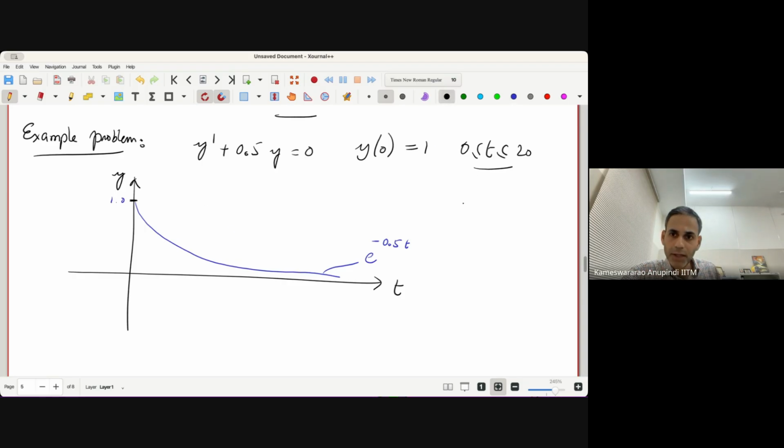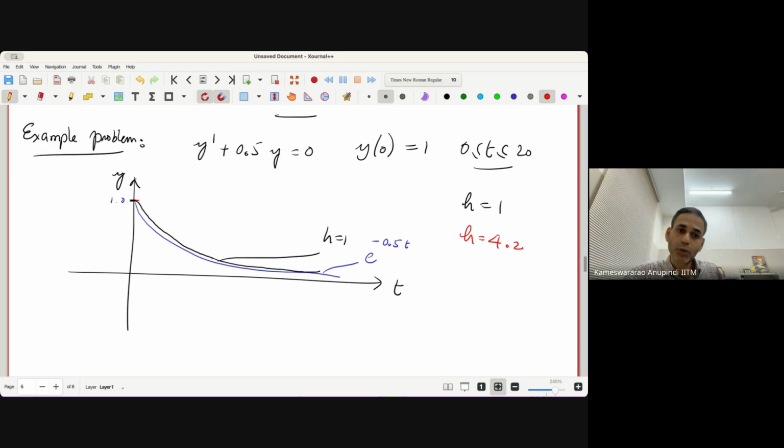Then let us say I take a time step of 1. That's going to go very close to the exact solution. So the time step of 1 might go something like this. I'm just drawing it here. So this is h equals 1. Let us now say, similar to the previous case, I take h equals 4.2.